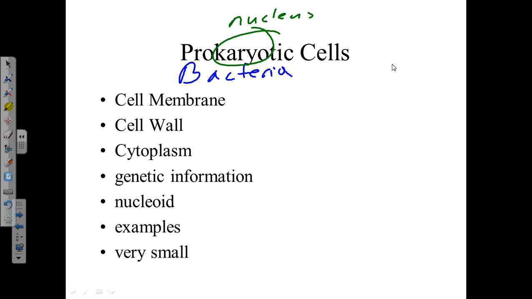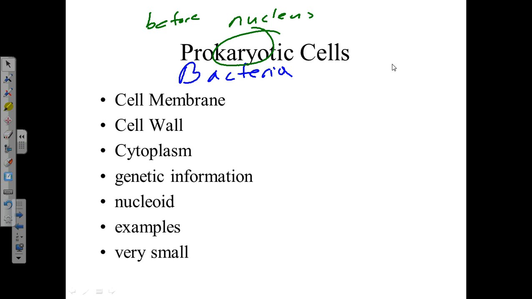So the word prokaryote means before the nucleus. And here's the deal. What do scientists think came first on Earth? Bacteria. They think bacteria came first, right? They were the first living things on Earth. That's the idea. Bacterial cells do not have a nucleus, right? So that's why they're before the nucleus. They came first. They don't have a nucleus, and we'll talk more about that in a second.